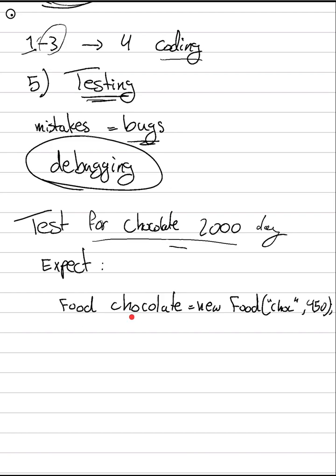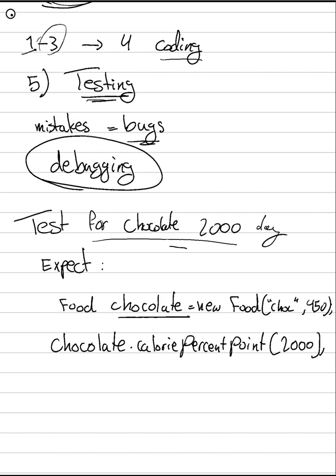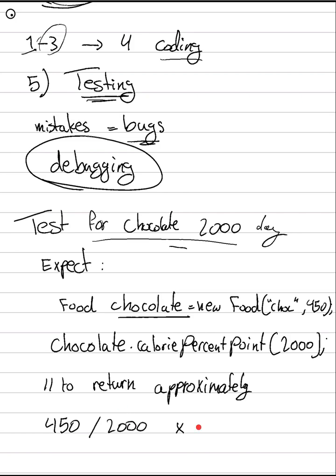So we expect chocolate the calorie percent point of 2,000 calories to return approximately, because these are doubles, 450 divided by 2,000 multiplied by 100.